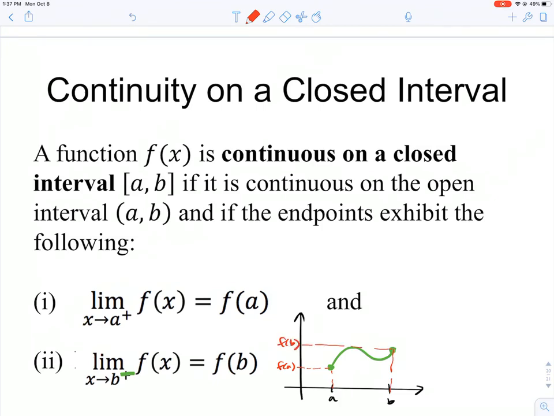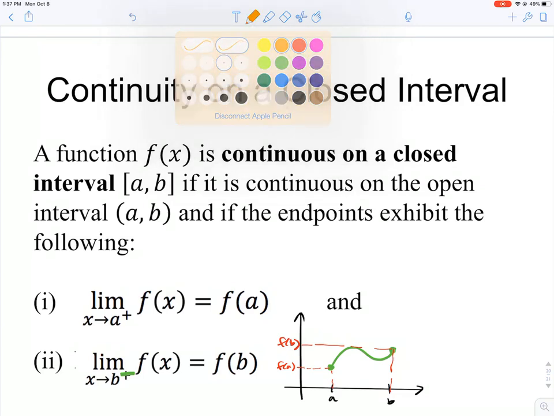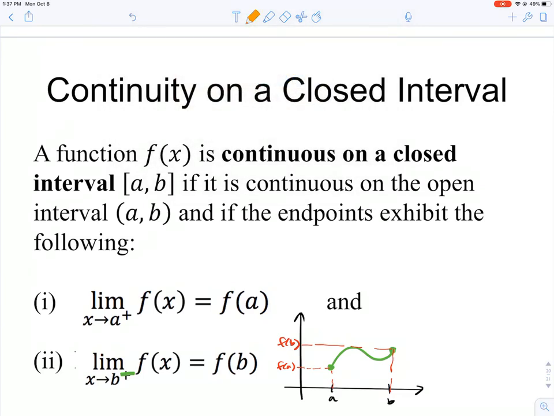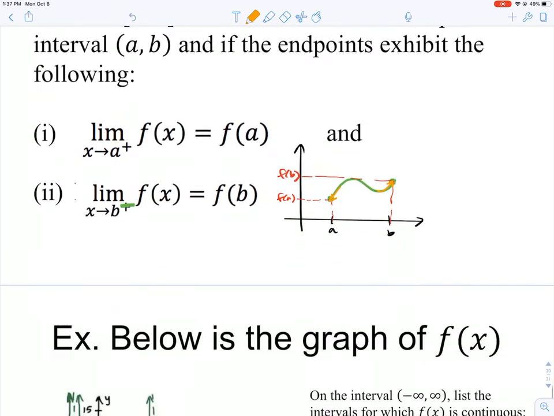This would be f of b. So the limit as x approaches a from the right side is equal to f of a, and the limit as x approaches b from the left is equal to f of b.